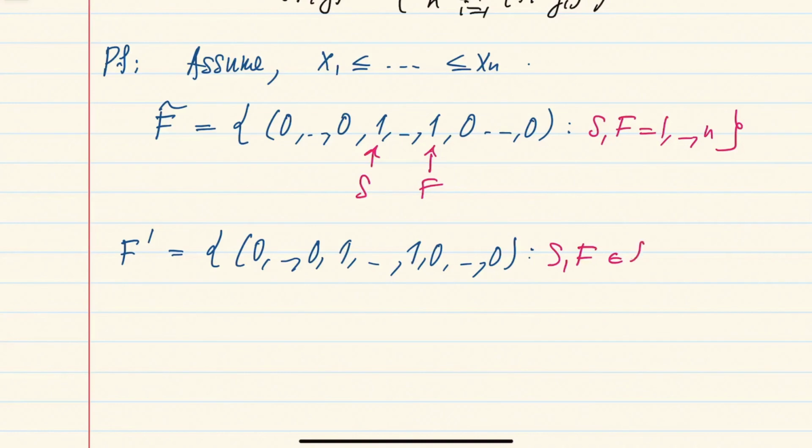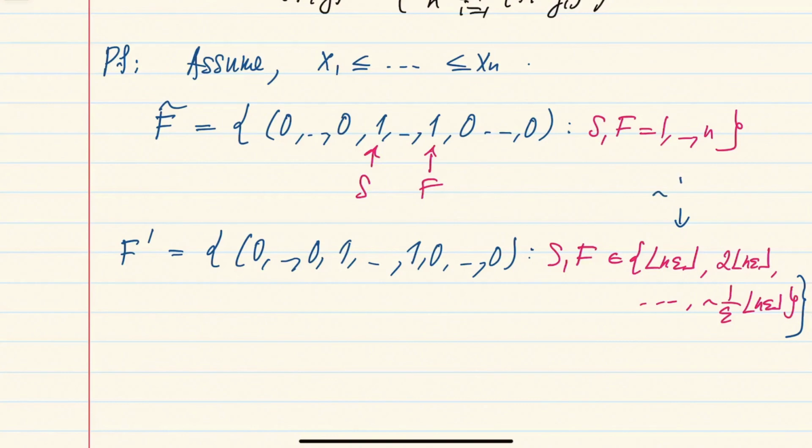So it will be n epsilon rounded down to the integer, 2n epsilon, and so on, where the final index will be very close to (1 over epsilon) times n epsilon. And how many do we have here? If you look at this discretization of the starting and ending points proportional to n epsilon, basically you have 1 over epsilon possibilities.